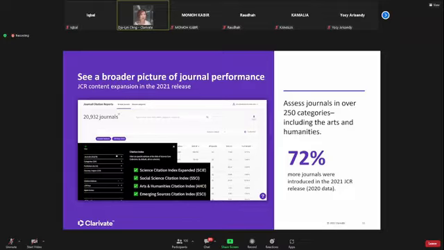Okay. However, with more news to come, these journal impact factors will then have to be taken into context depending on which index the journal falls under.